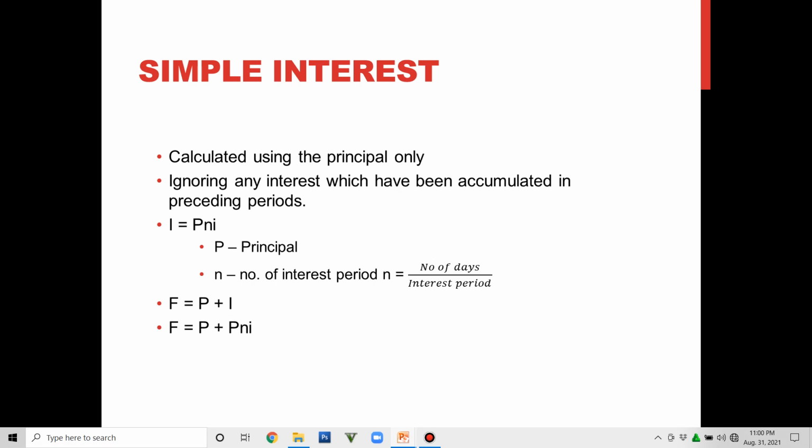So if you're going to substitute the formula of interest, we can factor out the present worth and come up with that factor 1 plus i n. The i in here is the rate of interest, and F is the future worth.